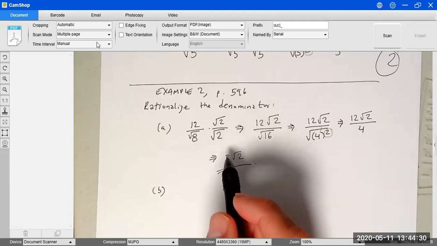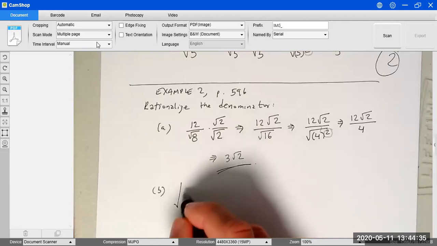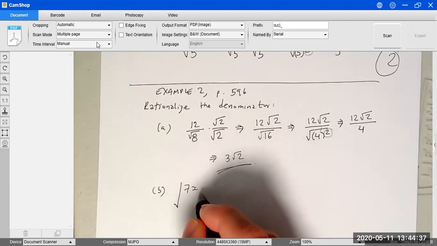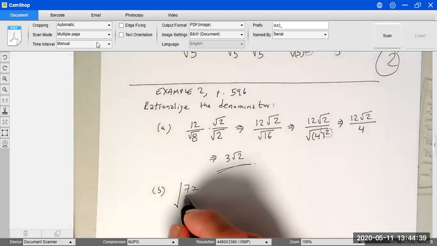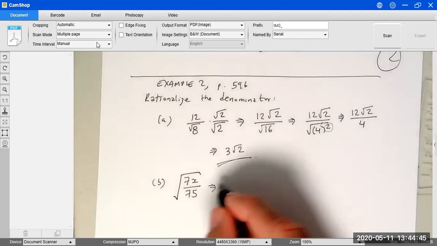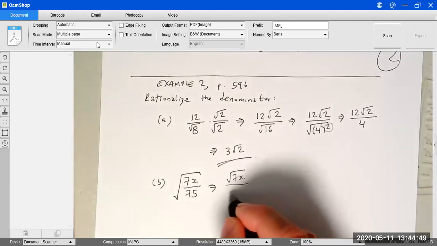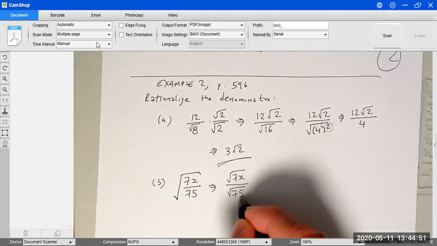So the other problem is going to be the square root of 7x over 75. So we said before we need to break this into radicals, one for the numerator and the other for the denominator. And another way to solve these problems is, first you can simplify the radical in the denominator.